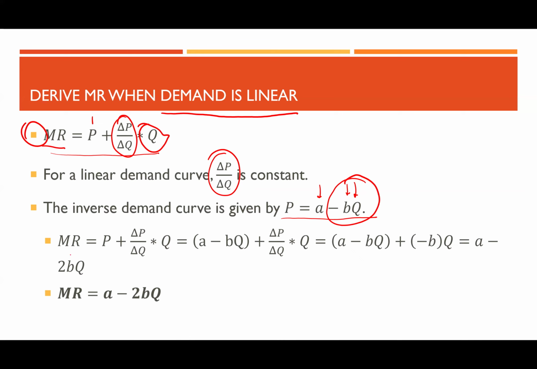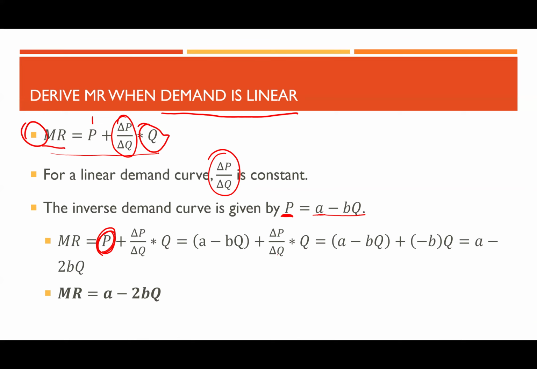So what we can do is notice that our demand curve is defined for price, right, in its inverse demand equation. And so we can substitute for the price in our marginal revenue equation. Doing so gives us marginal revenue equal to the price, which is A minus B times Q, that's this parenthetical here, plus the change in price over the change in quantity times quantity.